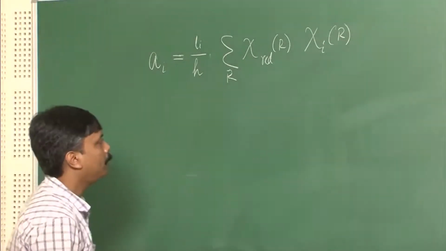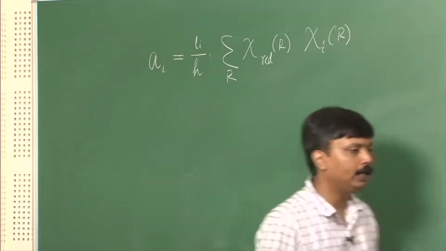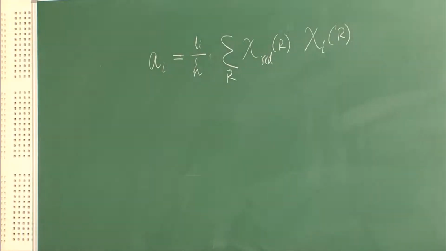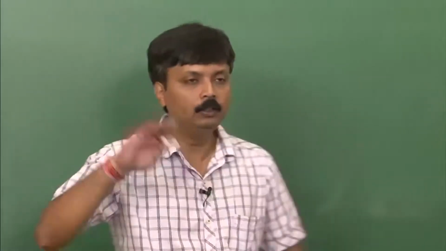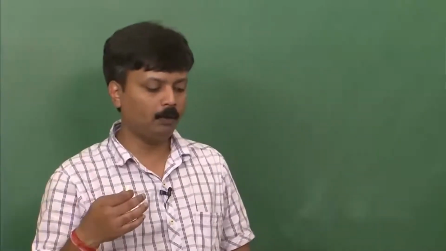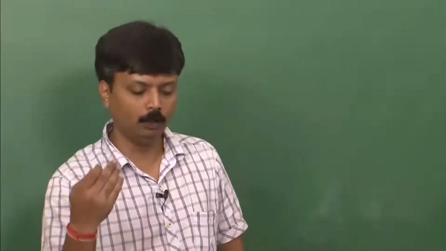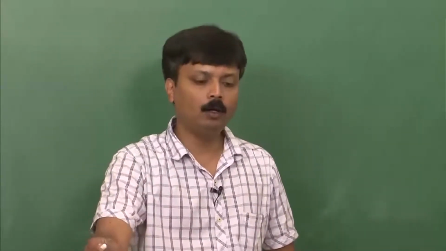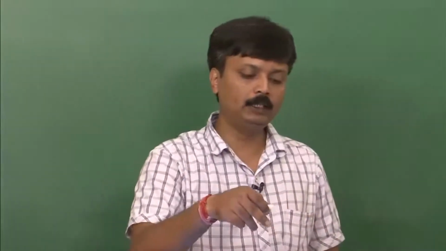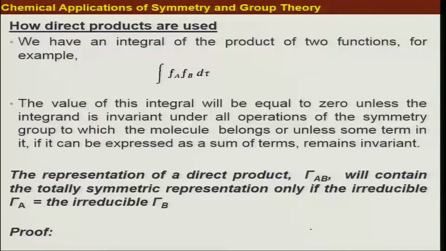This one we know. Now what we are talking about here is the reducible representation formed by the direct product of two irreducible representations. Now we have been talking about this particular integral, the integral f_A f_B over d tau.